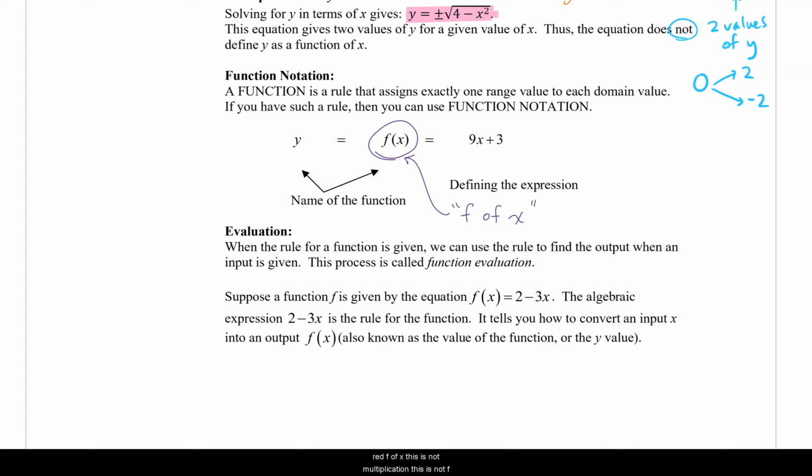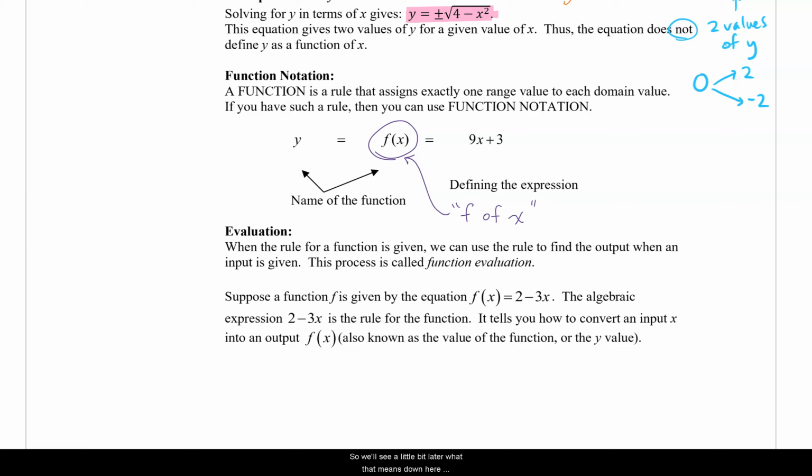This is not f times x. This is the name of a function, f of x. We could change the letter f to be something completely different. You'll see g, h, p. We could use any name we wanted to. In using this notation, we're able to see the value of the input and the output that's corresponding to it. So we'll see a little bit later what that means.